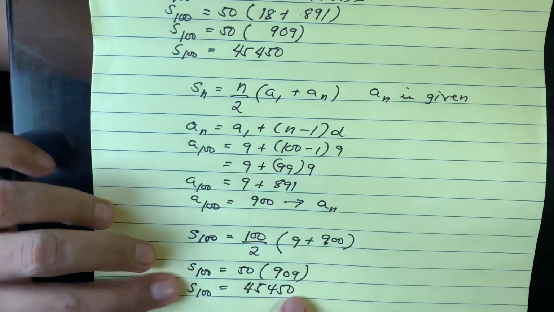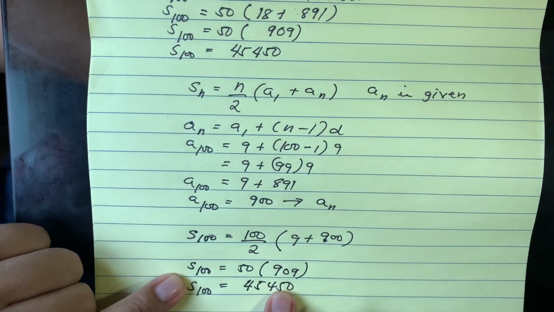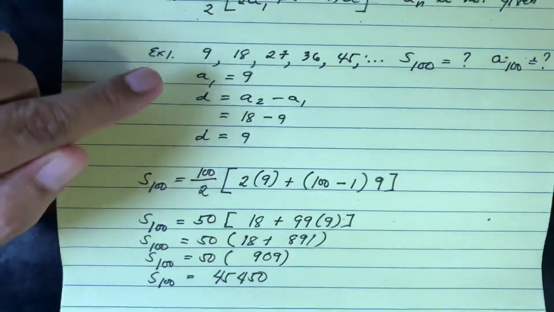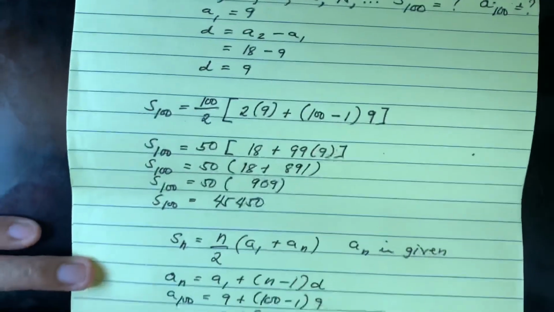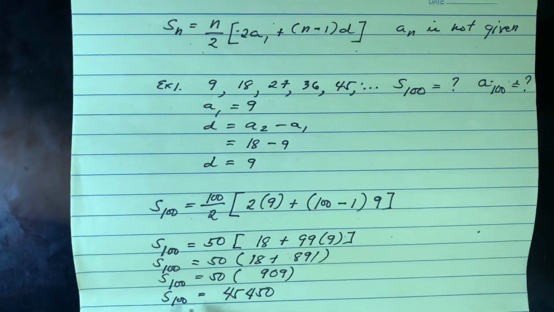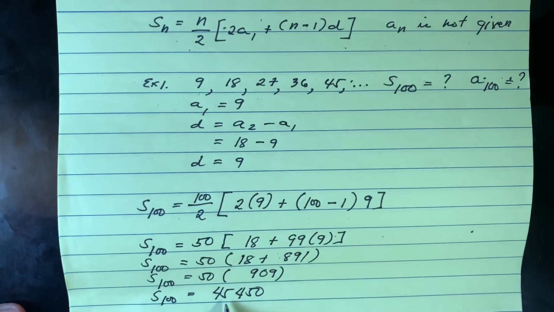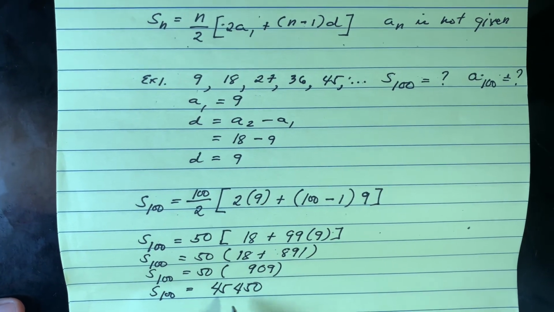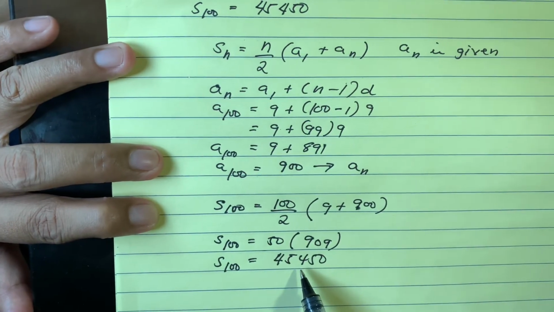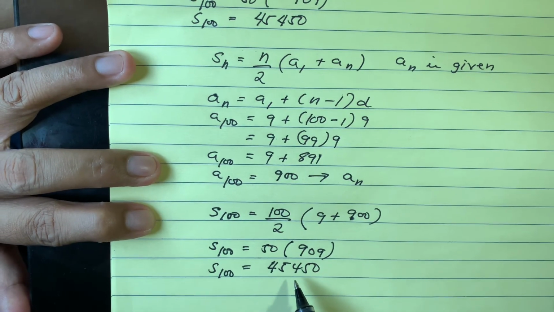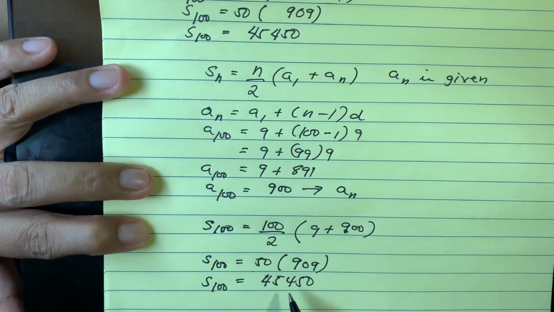As you can see, using the second formula and using the first formula, we will still be getting the same answers. So from our first formula, we got 45,450. And using our second formula, we still got 45,450. So they are just the same.